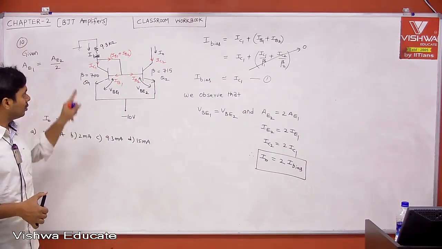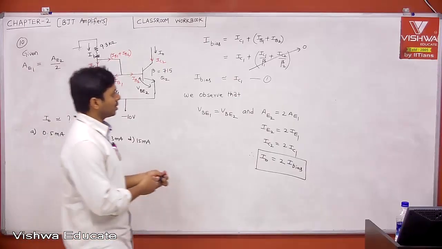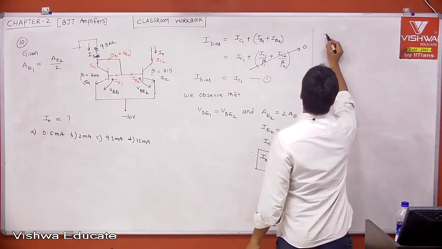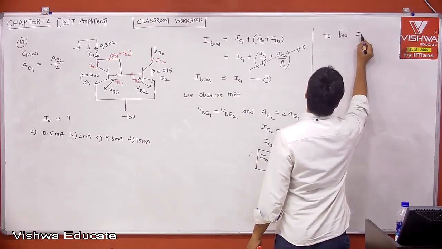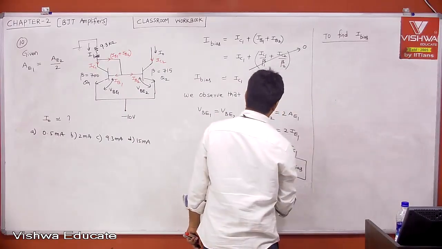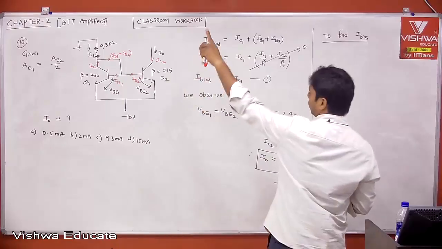Now, if you know I bias, the problem is over. How to find I bias? Just listen, I'll give you time to write down. To find I bias, this problem is related to DC analysis. Remember, if the problem is related to DC analysis, we need to deal with KVL equations. Write down the KVL equation.